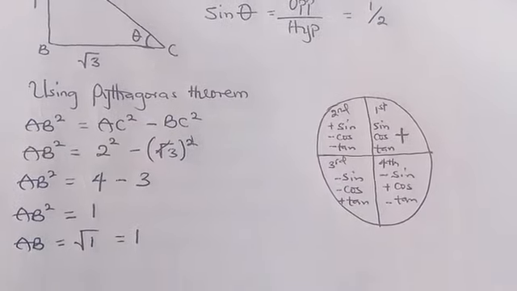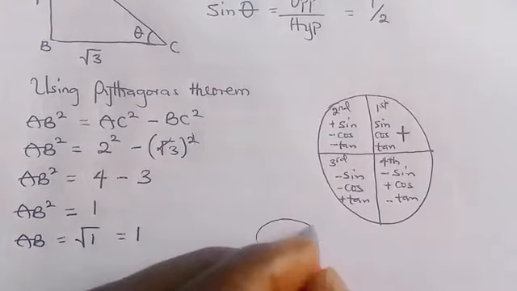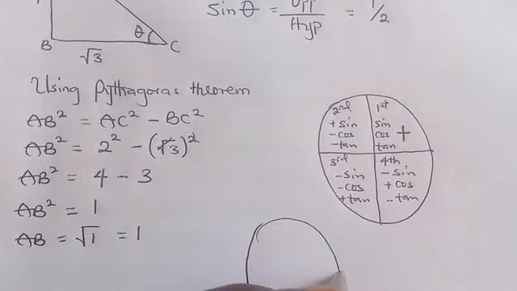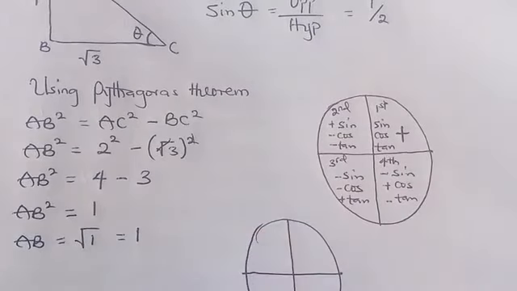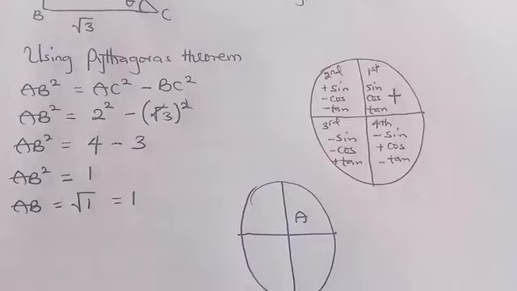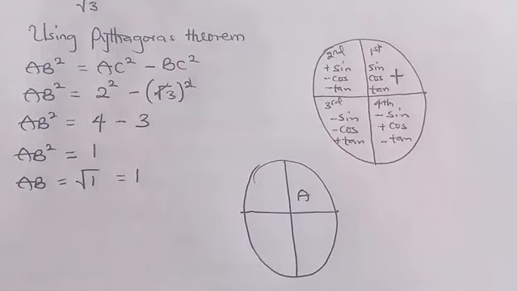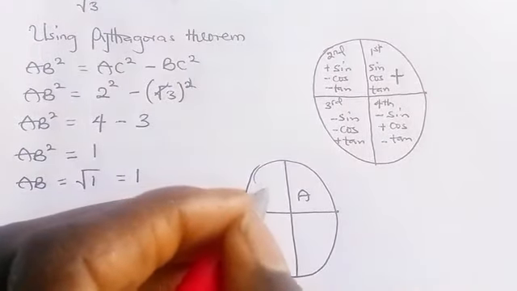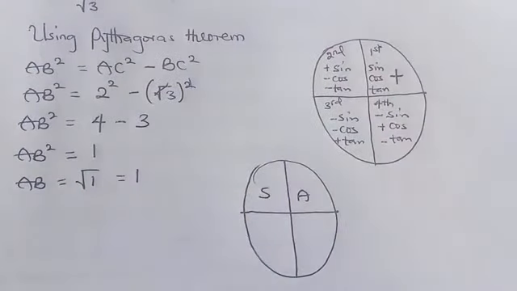Implying that when you have these four quadrants, it means in the first quadrant, all of them are positive. In the second quadrant, only sine is positive.